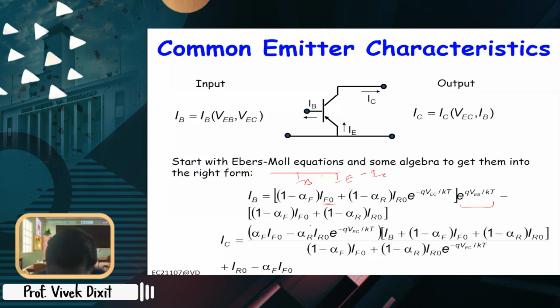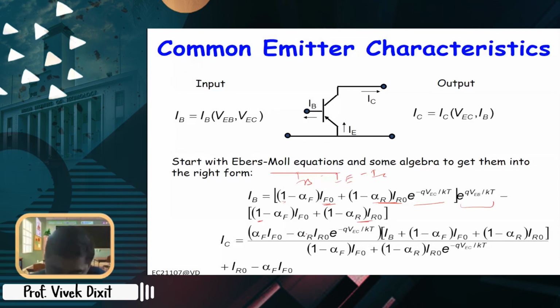So this is IF naught minus 1. Then VCB by KT is alpha R times IR naught. VEB minus VEC will be VBC, right? And minus this.